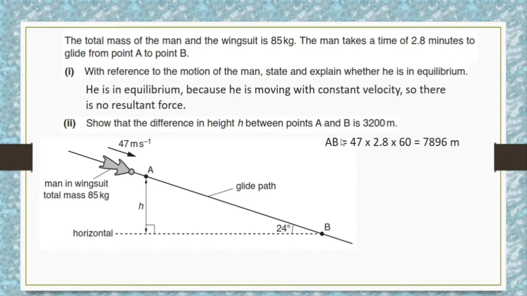So the distance AB will be 47 multiplied by 2.8 minutes multiplied by 60 seconds per minute. So you'll have AB equals 7,896 meters. So we use sine of 24 degrees equals h over AB, and h will be equal to AB times sine of 24 degrees. And I have calculated that this is 3,200 meters to two significant figures.